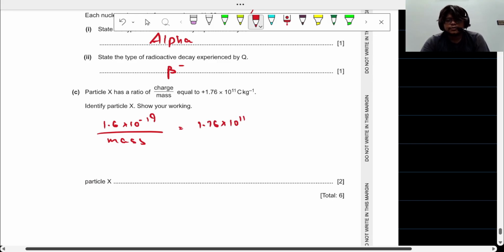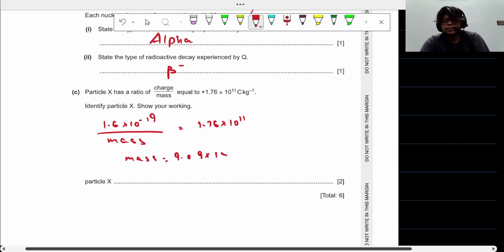So your mass would be 1.6 times 10 to the power minus 19 divided by the charge to mass ratio, which is 1.76 times 10 to the power 11. So mass is equal to 9.09 times 10 to the power minus 31.